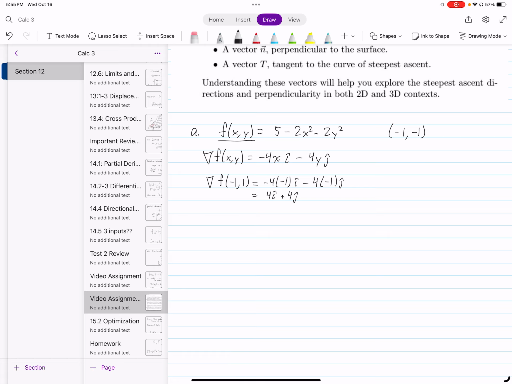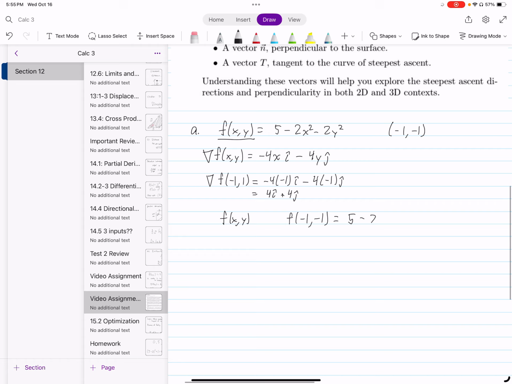To find the z value, we're going to solve for f of negative 1, negative 1, so we can find what z value we're drawing at. So this is going to be 5 minus 2 times negative 1 squared minus 2 times negative 1 squared, and this will equal 5 minus 4, equaling 1.